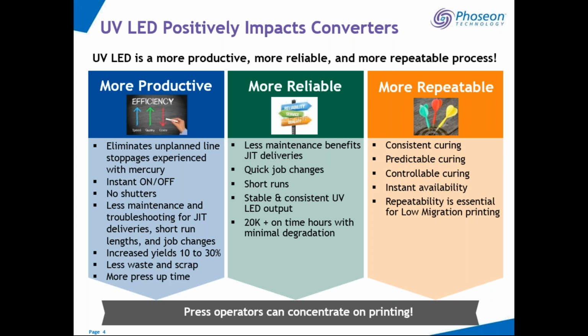We're certainly seeing upwards of almost 30% on increased yields. And then at the same time, the press is just able to do more and run faster. Reliability is up. Short runs are capable of being performed. Quick job changes, as you're not really worrying about what's happening with the lamp, as the LED is fully programmable. And finally, a more repeatable process that is consistent and able to put out good product run after run.